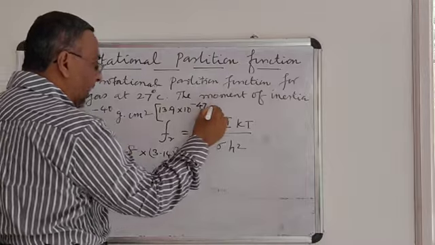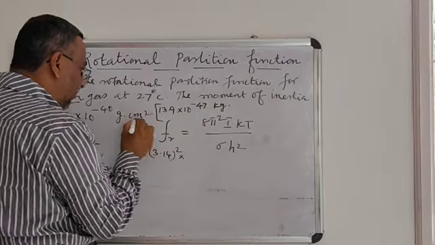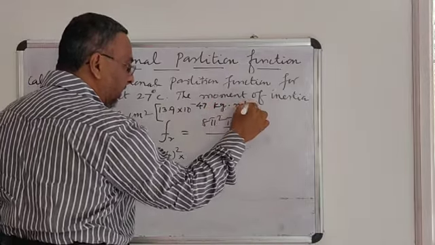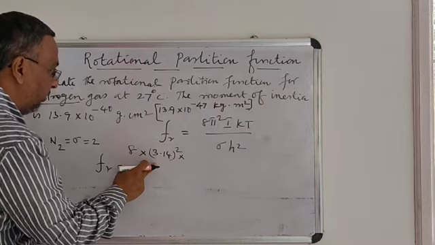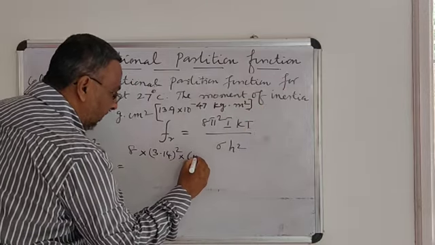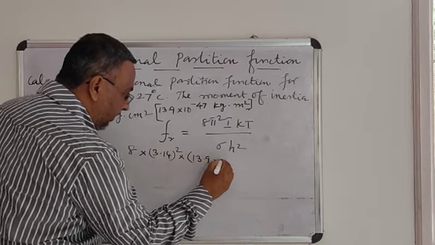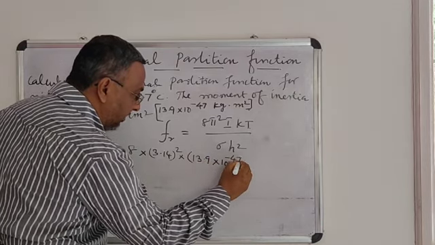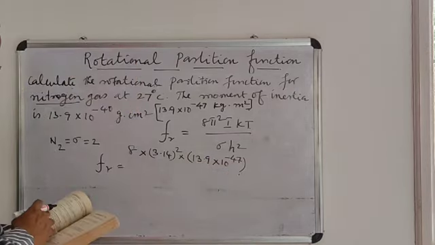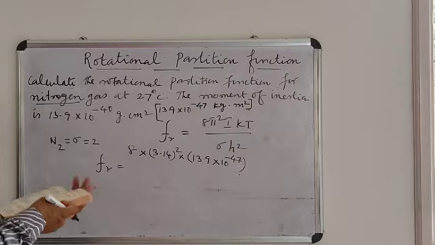And this gram will be converted into kilogram, and centimeter square will be converted into meter square. So this value we have to substitute here, that is 13.9 into 10 to the power of minus 47.